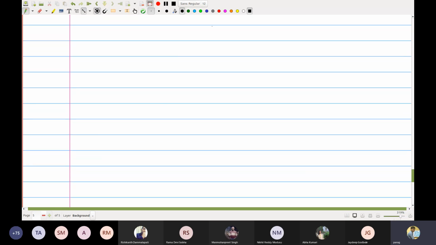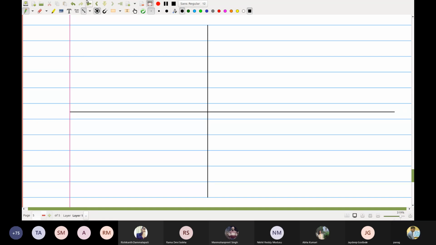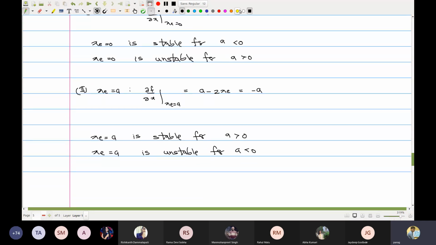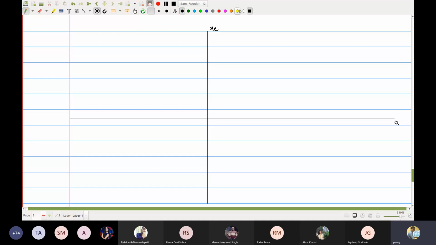So let us draw the bifurcation diagram. So you have a, you have xe. So I have two solutions. X is equal to 0 and x is equal to a, right? So my solutions would look like this.